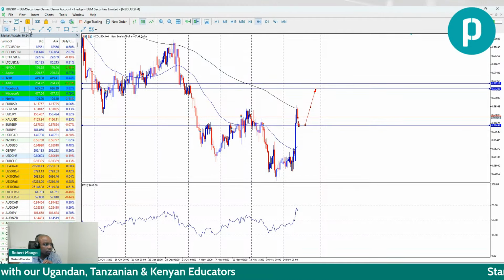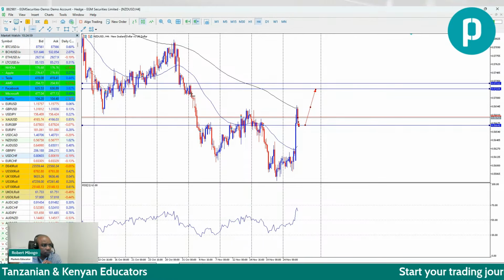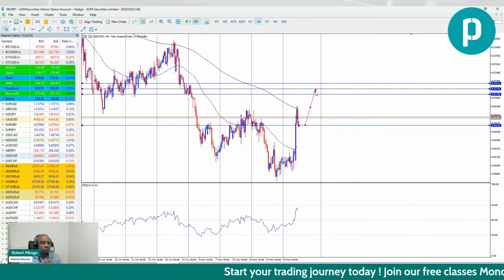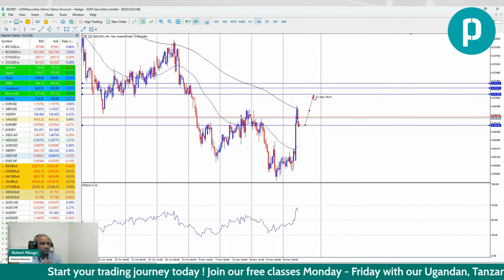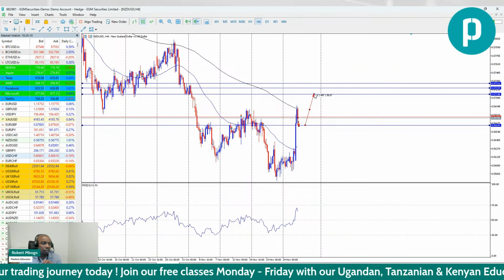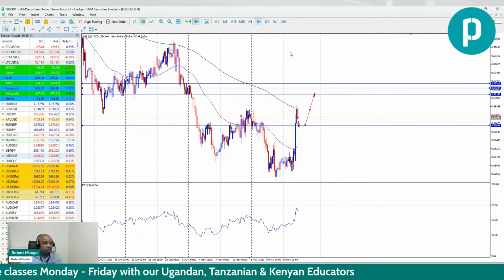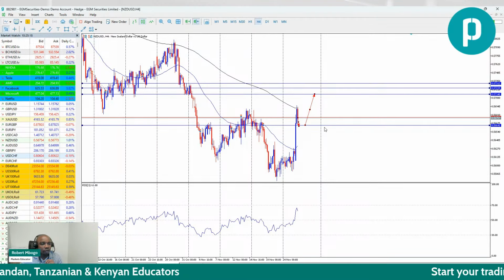I can see another block here that is yet to be tested, this one on H4. So this would probably act as a possible exit on this trade. So if NZD/USD was to test that area, then for me, that will give me a very good sell opportunity.